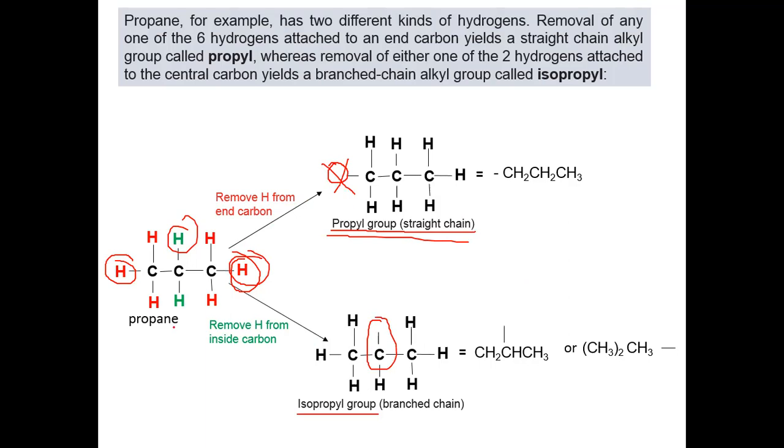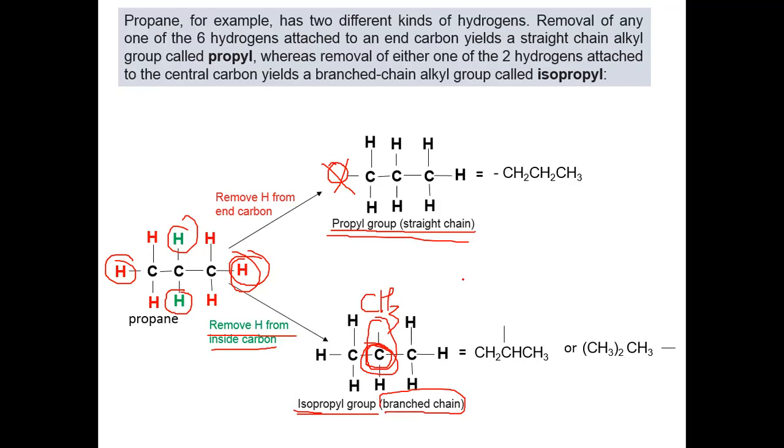But if you remove this green one, from the inside carbon, the middle carbon, then it's not a propyl group but an isopropyl group. It's a branched chain, because you can attach something here, for example CH3, to make a branched one.